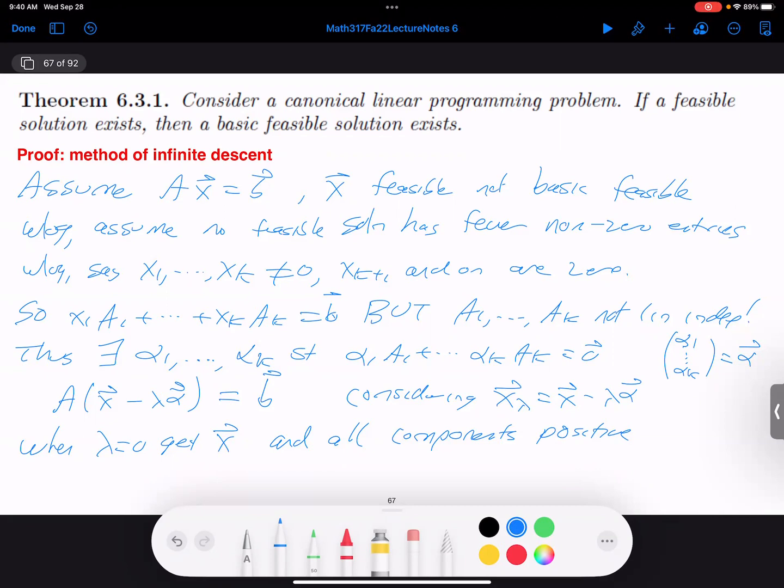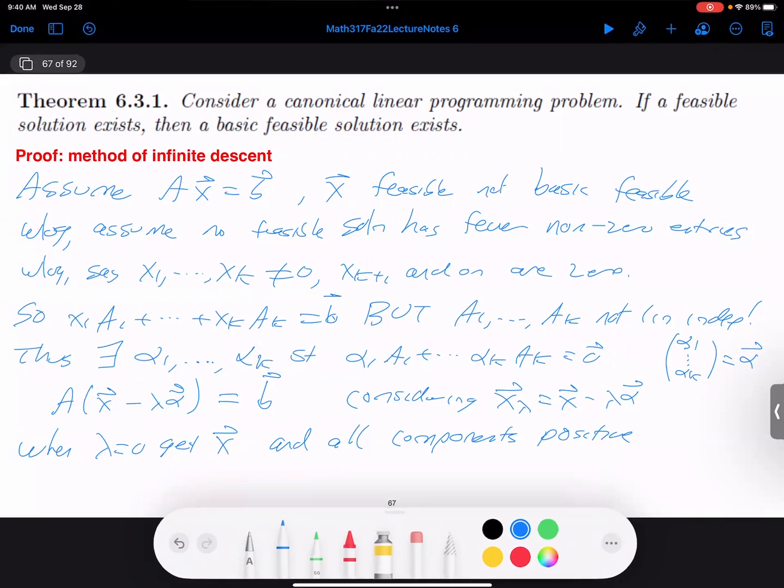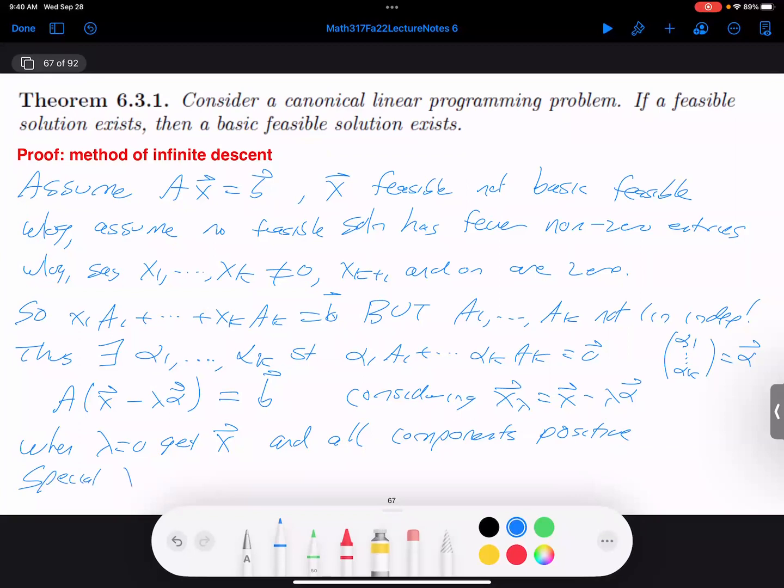For that lambda, you have one fewer component. So this is a special lambda where at least one component of x(lambda) is 0, rest positive, and this is a contradiction.